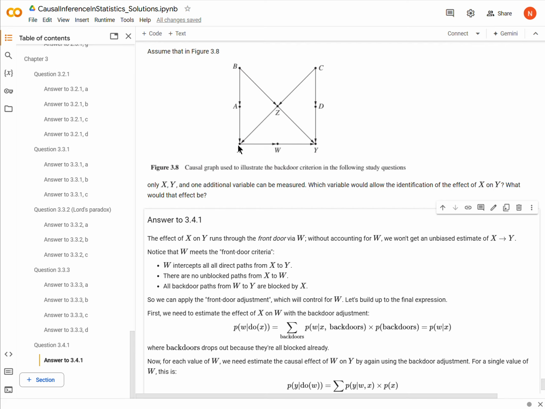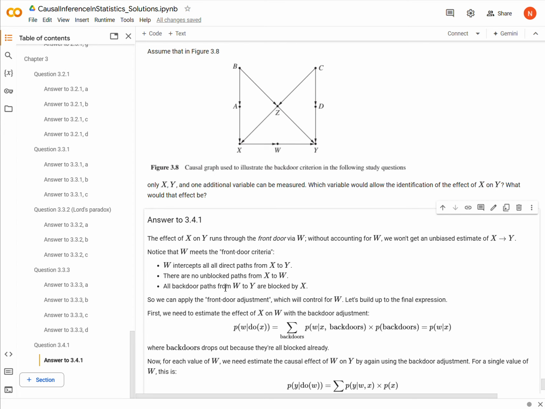There's the direct path, which we want to keep, but the other paths are backdoor paths. To get from x to y via the back door, we ultimately have to go through y, but we're conditioning on y, so all of those backdoors are closed.